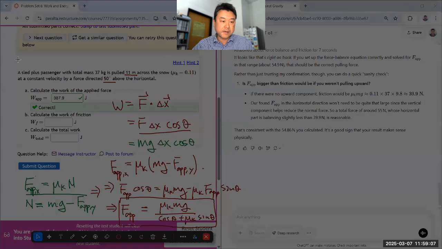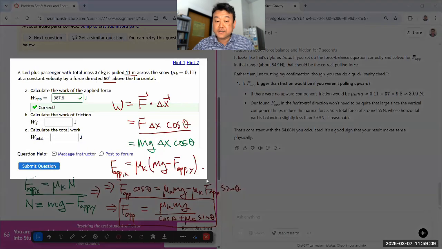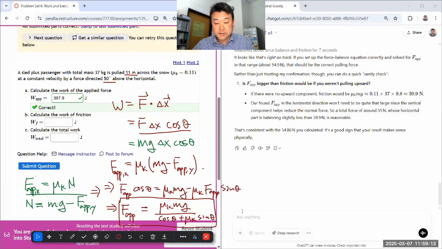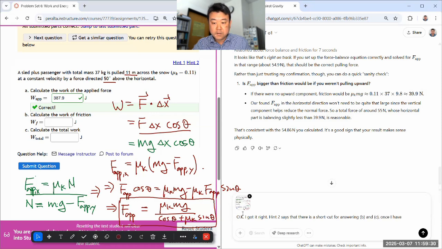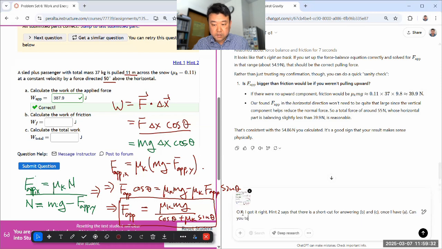And then I'll ask about the hint. Maybe you don't know what the hint is about. So I'll say, okay, I got it right. Hint 2 says that there is a shortcut for answering B and C once I have A. Can you tell me what that shortcut might be?